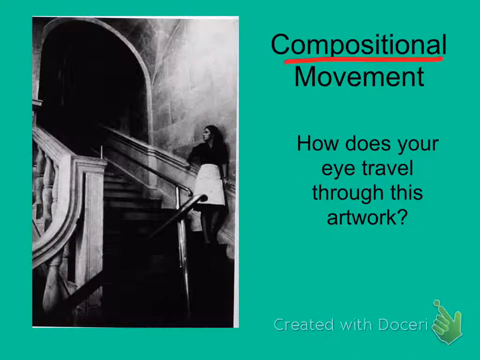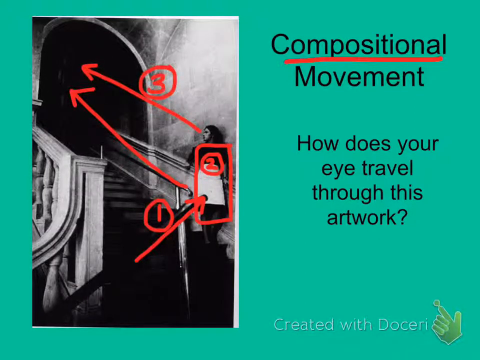Here is an example of compositional movement. How does your eye travel through this artwork? Our eye is drawn first to the woman due to the stair railing pointing to her, as well as the contrast of the white apron and her dark clothing.